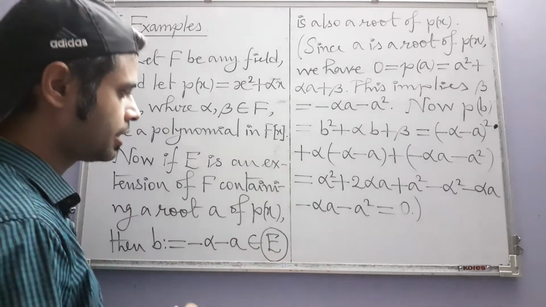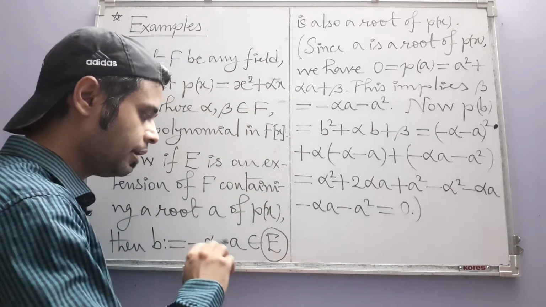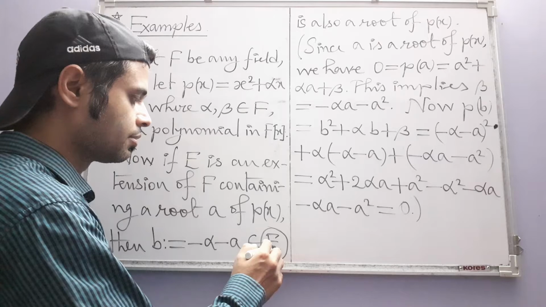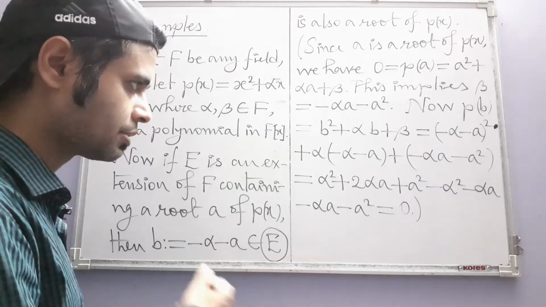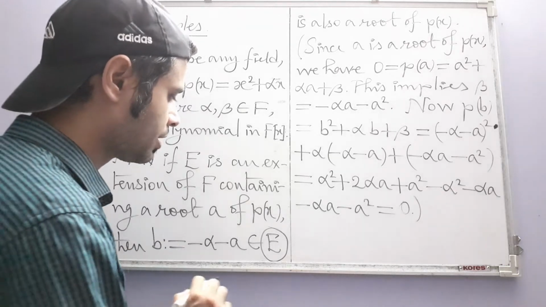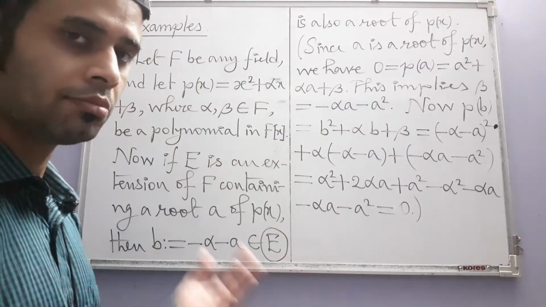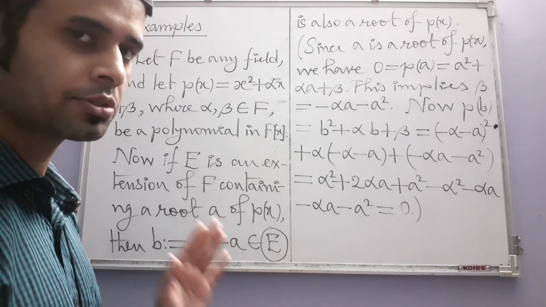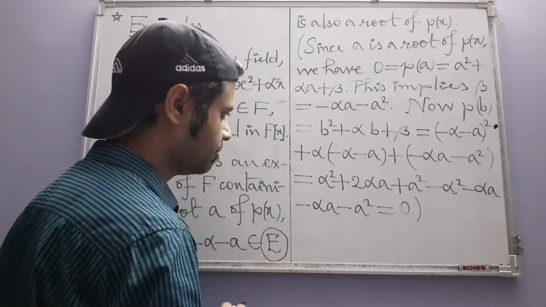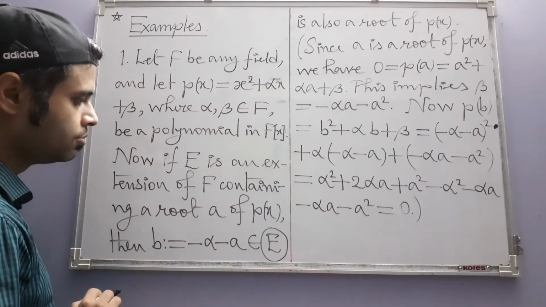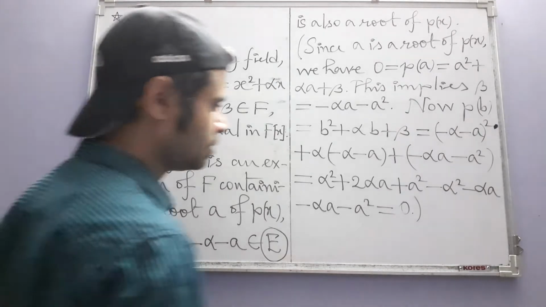We have already seen that if we have a polynomial of degree n, then in any extension field, whatever that extension field is, or even if you consider many extension fields, in any one of them, the number of roots that your polynomial has, counting multiplicities, can be at most n, if n is the degree of the original polynomial. So in this case the degree is 2, so that's why there can be at most 2 roots.